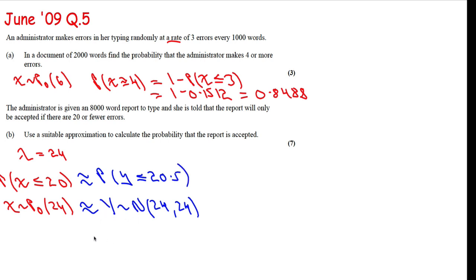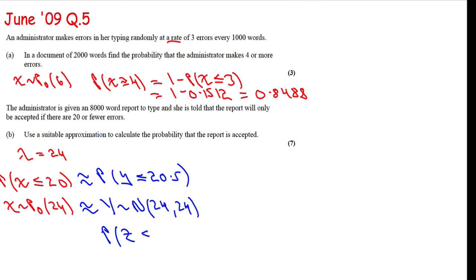Okay, so what we're going to do is standardize this now. So that's the probability that, not y, let's change it, it changes to z now because we're going to the standard normal.